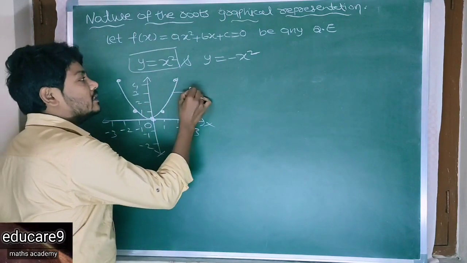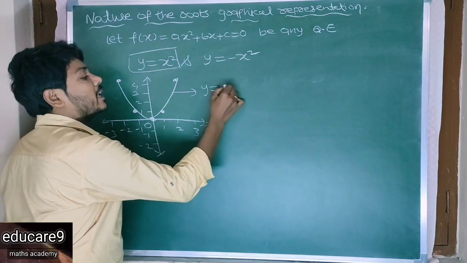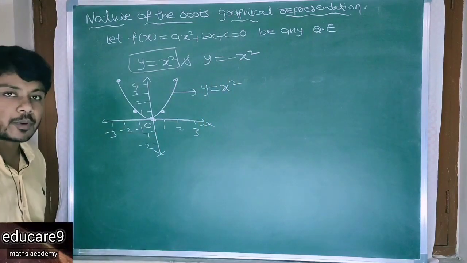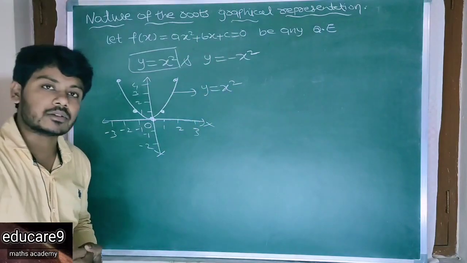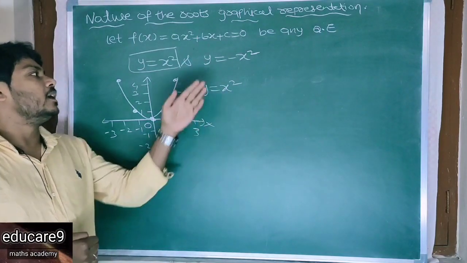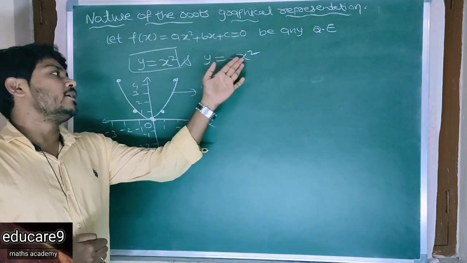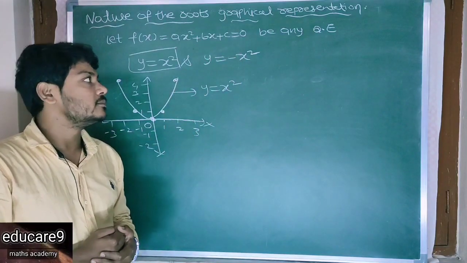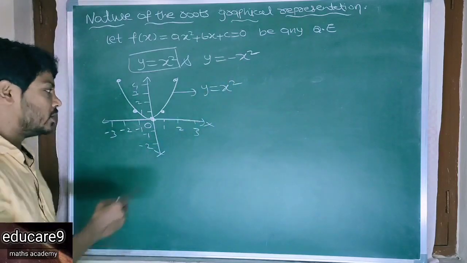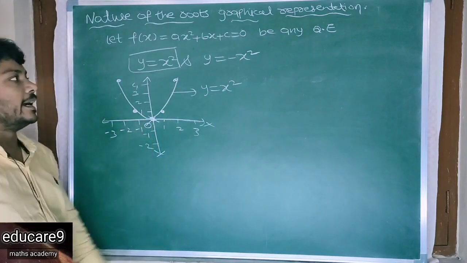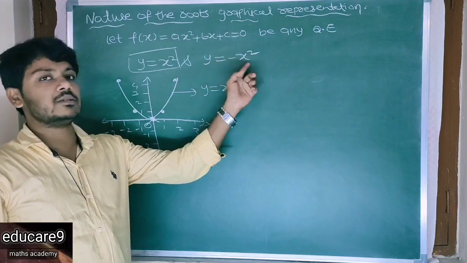now this graph represents the upwards parabola, that is the y = x² graph. And for the y = −x² graph, substitute the values of x. At x = 0, y is 0. At x = 1, y is −1.